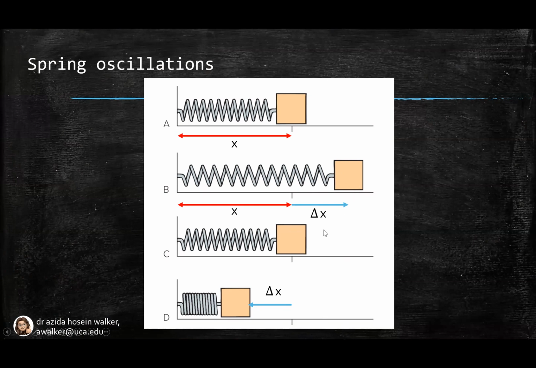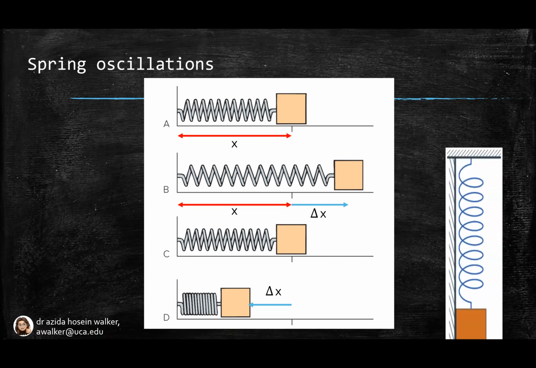If we release that, the spring is going to be pulled back by that restoring force past its original position and get to a position like we see here in picture D, a distance delta X away from its original resting position.